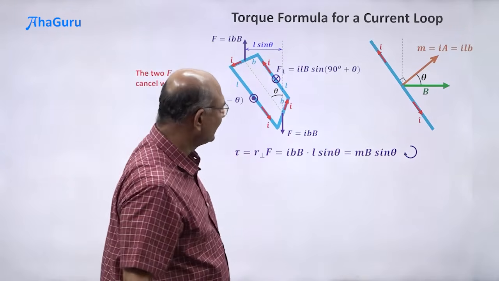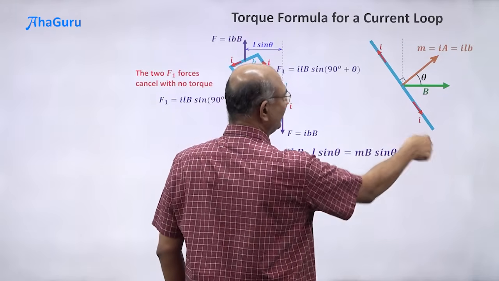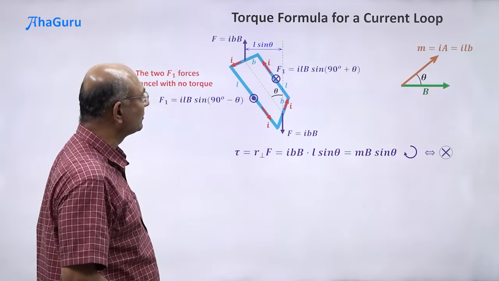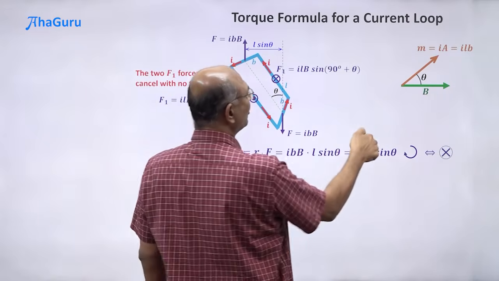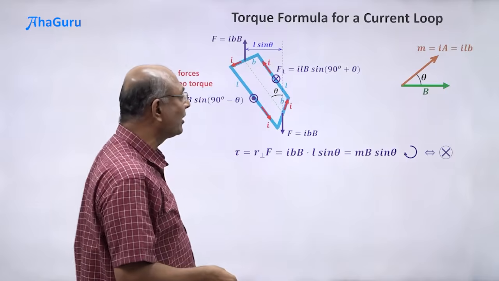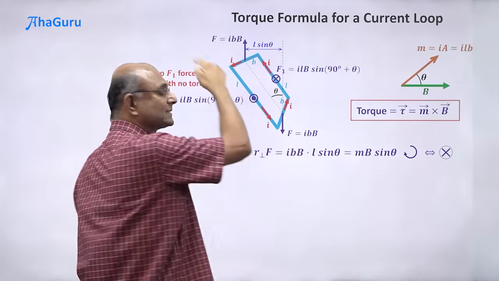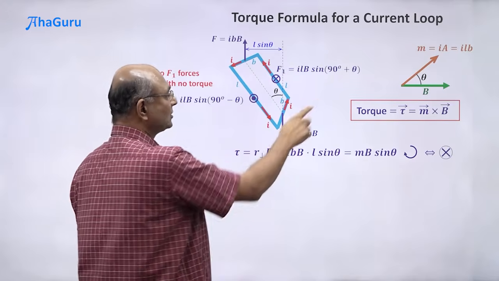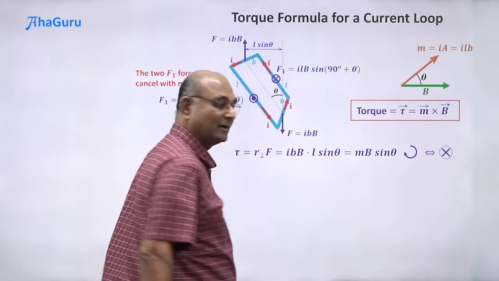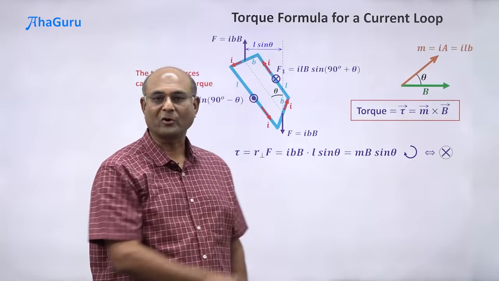But you also know that if it is marked this way, vector wise it is actually going into the board. So going into the board, M cross B going into the board, correct, exactly the same thing that we want. So we can write the vector formula for torque on this rectangular loop: the torque is M cross B. So we have proved that the torque acting on a current loop is M cross B.